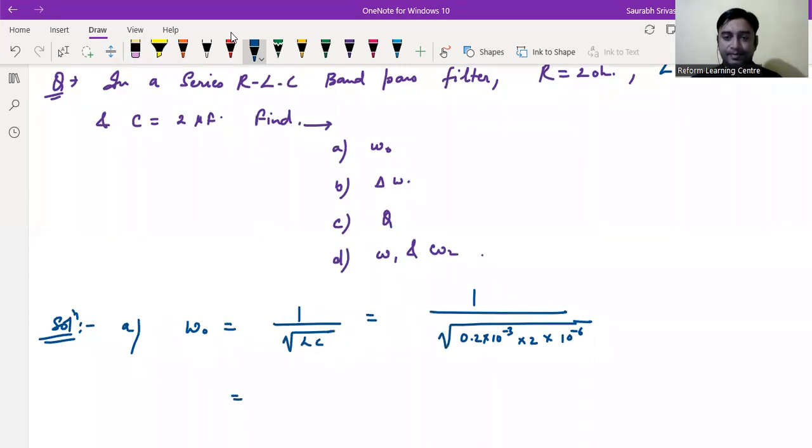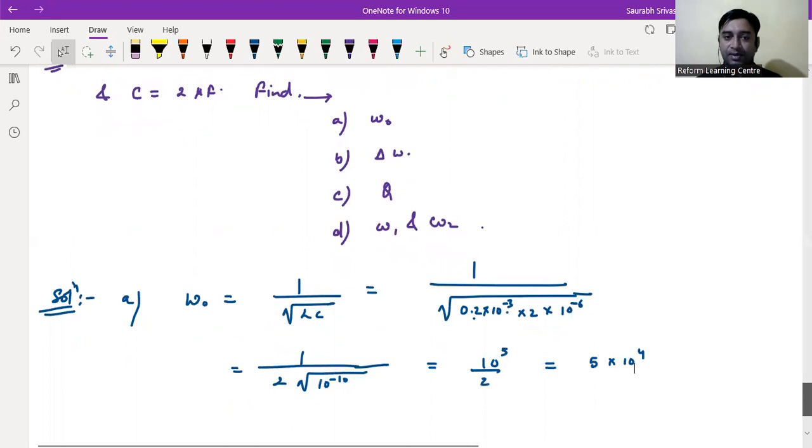This is equal to 0.2 और 2 to multiply हुआ 2, कॉमन बाहर निकाल देते इसको, 2 अंडर रूट में क्या बचा, 10 to the power 5 by 2 is equal to 5 into 10 to the power 4.